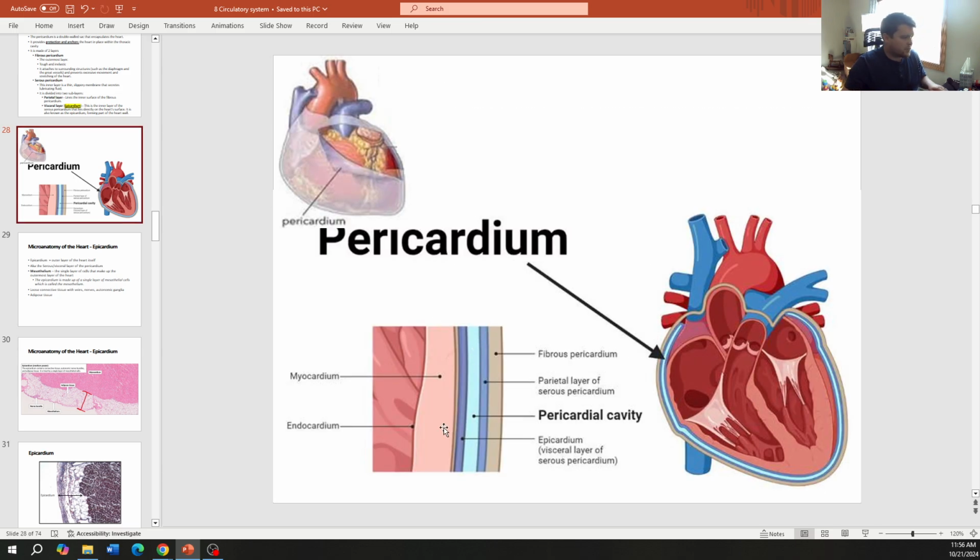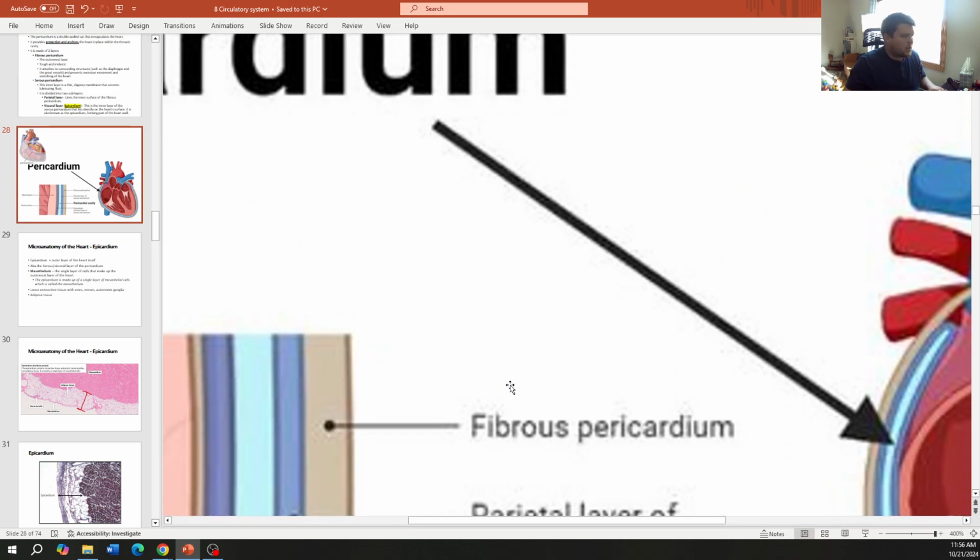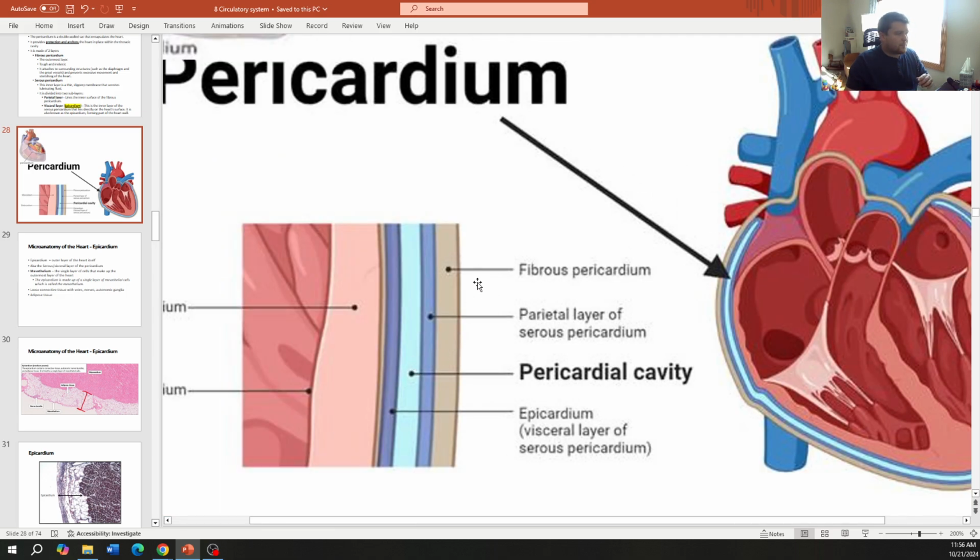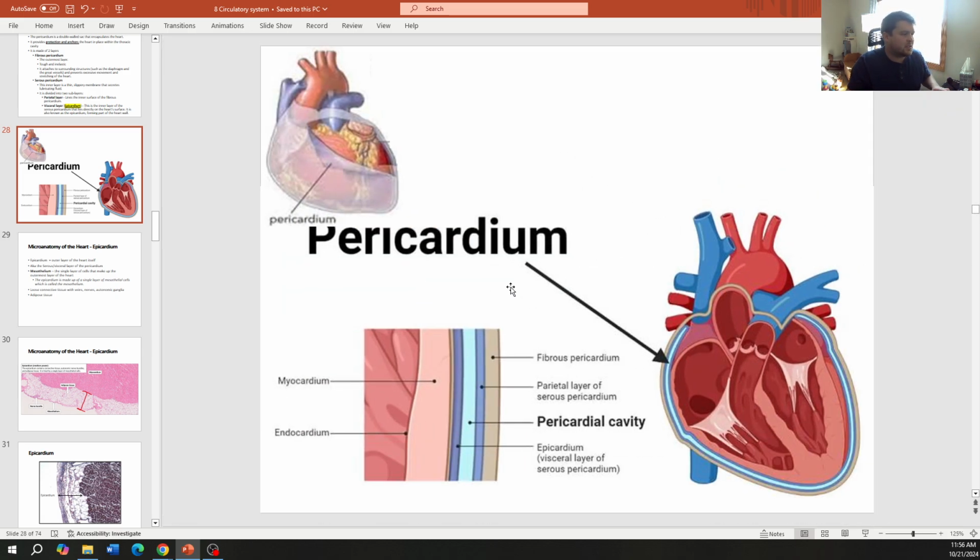So let's look at this really quick right here. The outermost layer is the fibrous pericardium, and then we have this right here, the parietal layer of serous pericardium. We have this space. It's going to get really confusing in some of your courses.